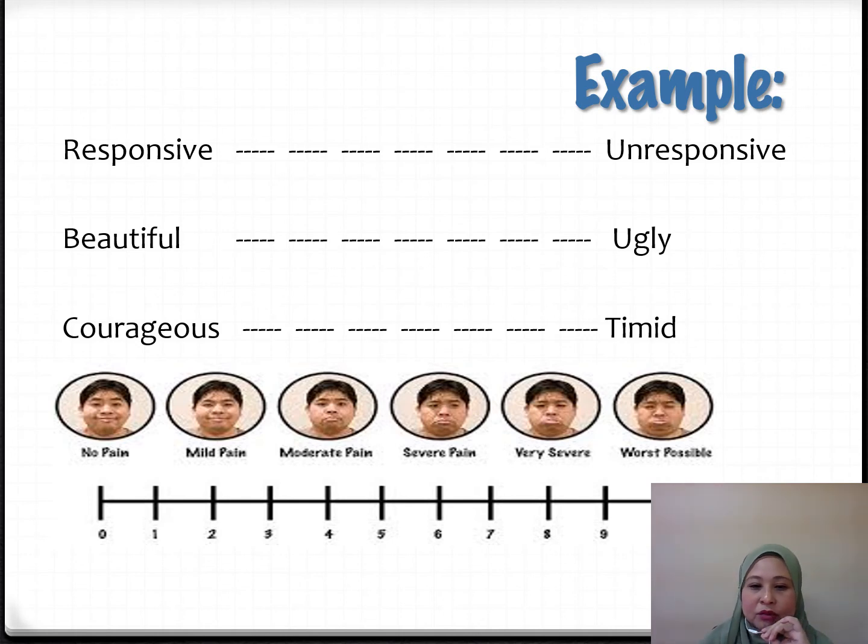For example, you want to ask them about going to the dentist, the doctor removes the tooth, and you want to ask how painful the process was, then they will probably choose from the picture.